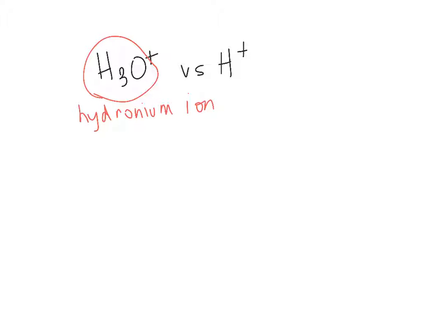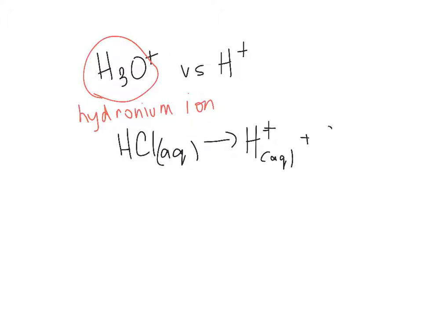So basically, this first equation that you've got under problem one, you can write this, but this is now considered to be an informal way to write the ionization of an acid. So this is informal.